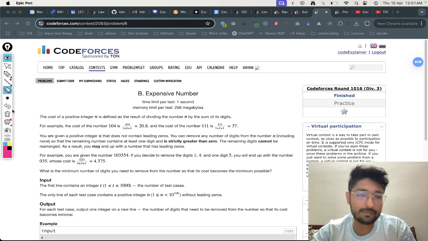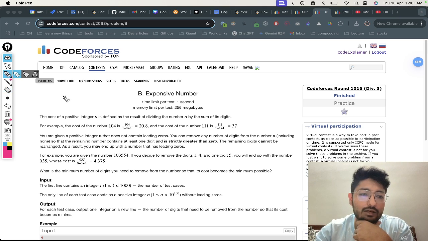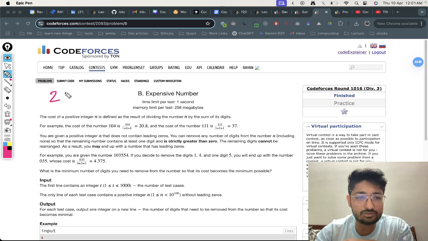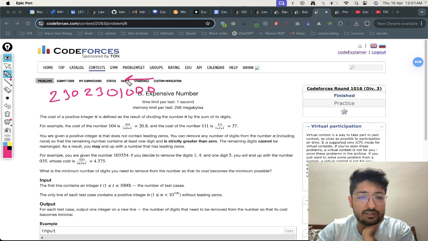So if I encapsulate and repeat it, what we'll do is go over whatever number we have, let's assume like this. We'll first find the very first non-zero from the right.